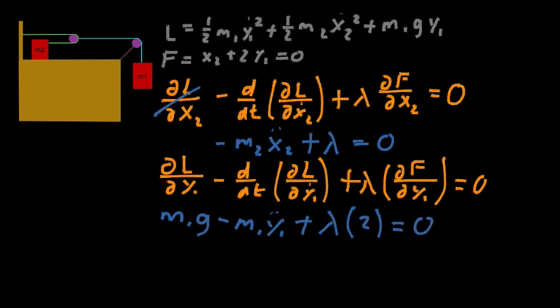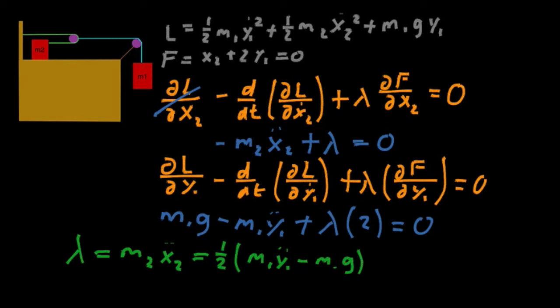And so if we solve for lambda in the first equation, we have lambda equals m2 x2 double dot, and in the second equation, lambda is going to equal 1/2 times m1 y1 double dot minus m1g, which means that 2m2 x2 double dot equals m1 y1 double dot minus m1g.